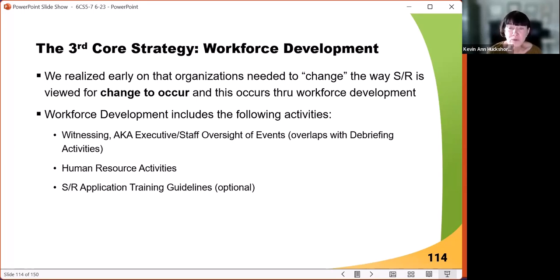What we found when we went into facilities, when we were developing the six core strategies, was that often the senior leaders didn't really know much, unless someone got hurt. They really wouldn't pay that much attention or know that much about whether seclusion and restraint was even being used. They would get a report, usually from quality improvement, performance improvement, or risk management every month, every quarter.